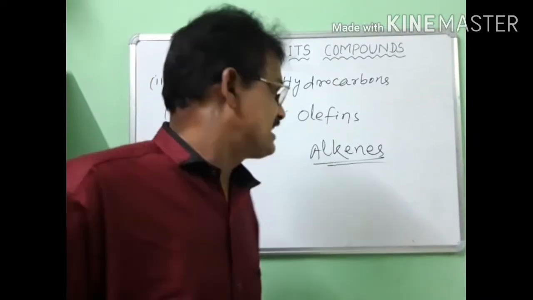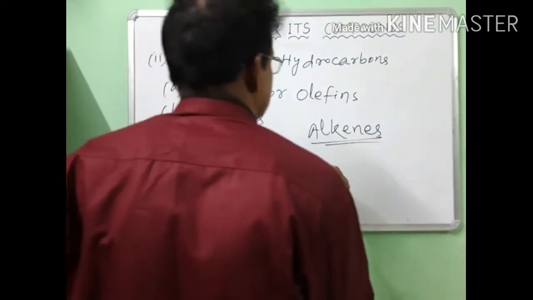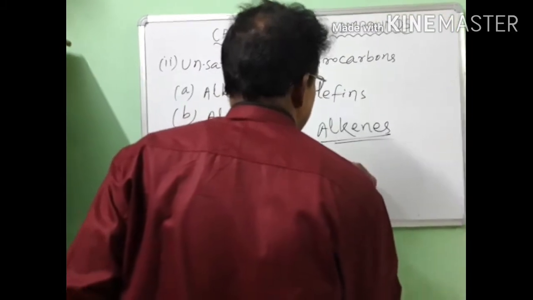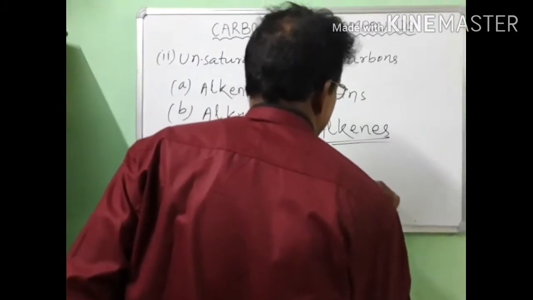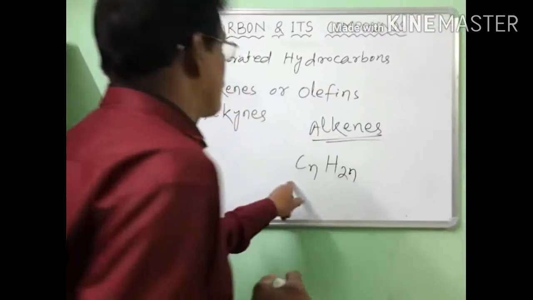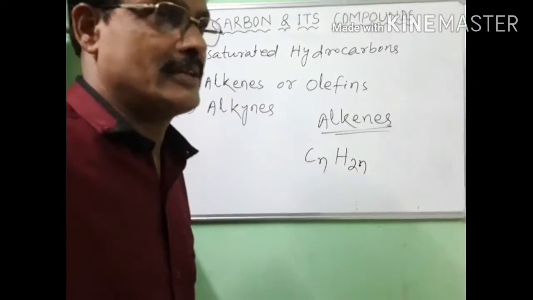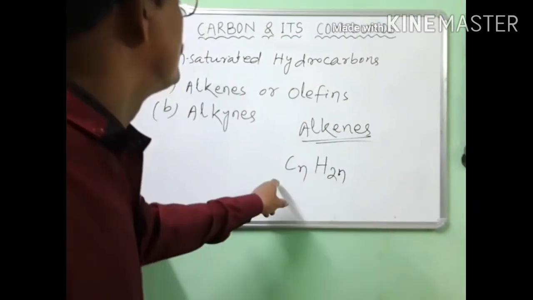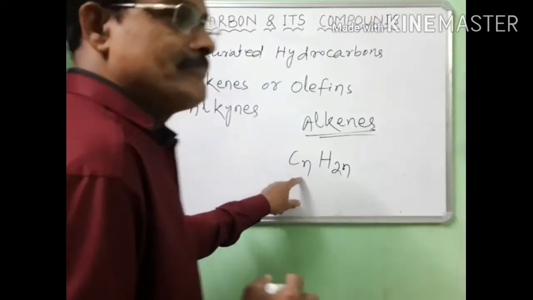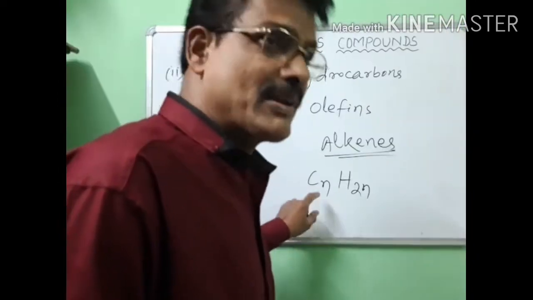The general formula for alkenes is CnH2n. Clear? Here n means the number of carbon atoms.